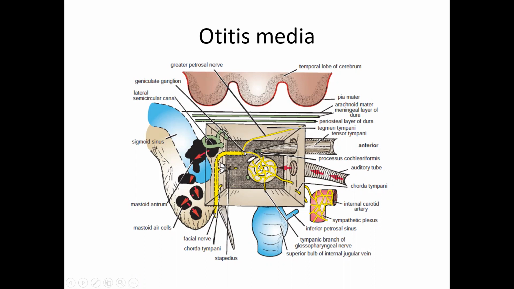From that region, not from the ganglion, a branch is given off, which is called greater petrosal. Greater petrosal nerve will enter the cranial cavity and leave the cranial cavity in the anterior wall of foramen lacerum, called the pterygoid canal.